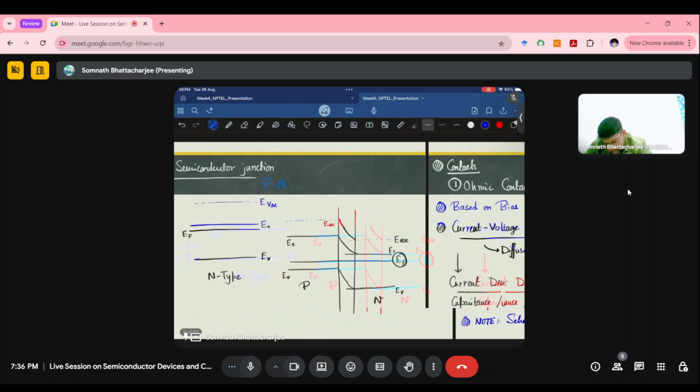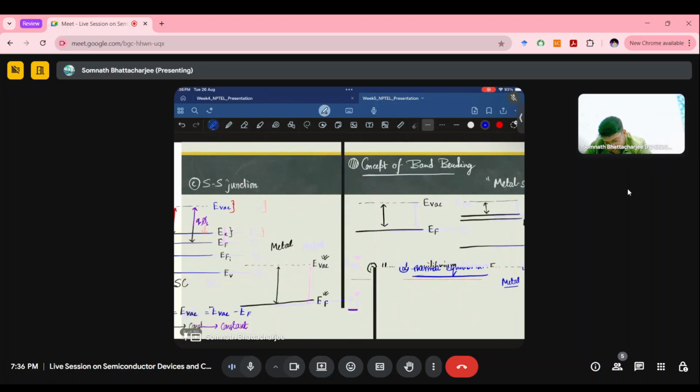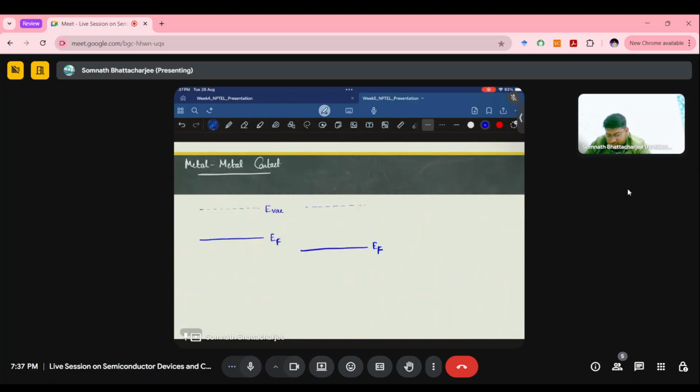Wait a second. Was I writing wrong? No. This time I have written wrong. So this metal has a lesser work function, that is the qΨm for this case. Psi m for this case is smaller, and for this case it's higher. So this is the junction portion.